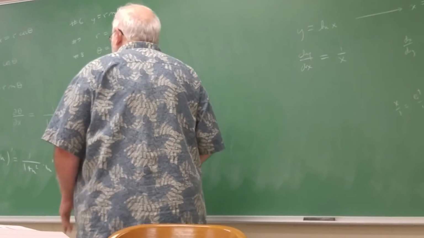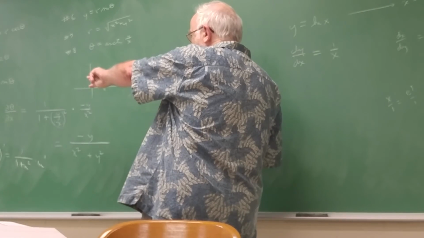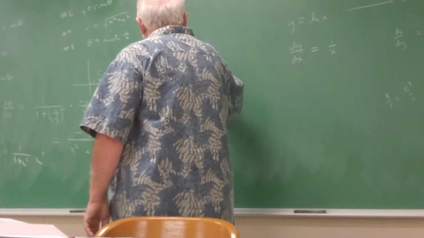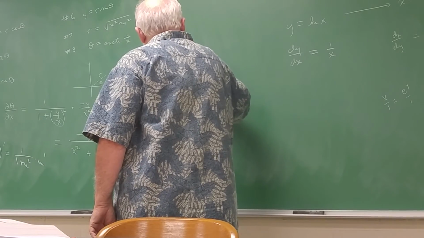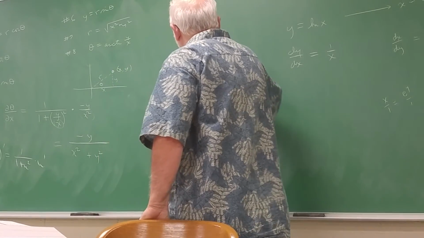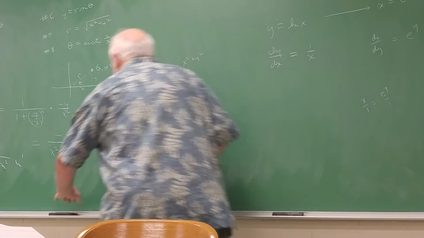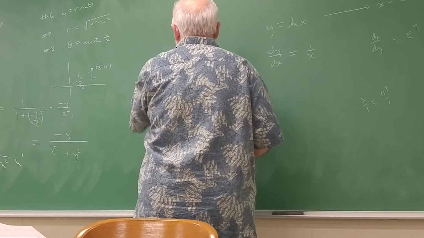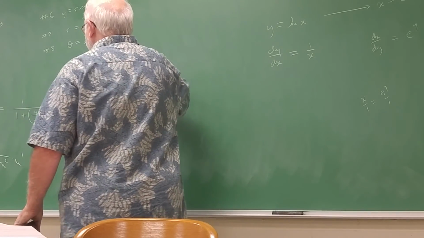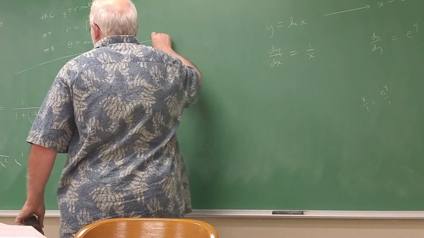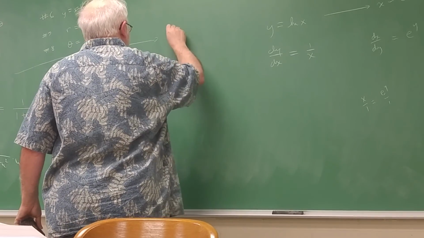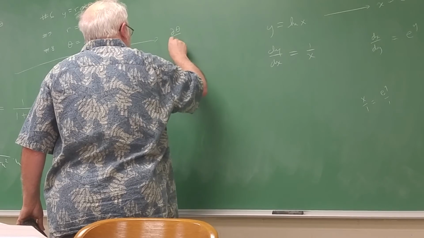So anyway, what if I just turn this number 8 answer over? What if I have del x del theta equals x squared plus y squared? Actually, I want to turn the other one over. That makes more sense. So I've got del x del theta equals negative 1 over negative y, or negative 1 over whatever.